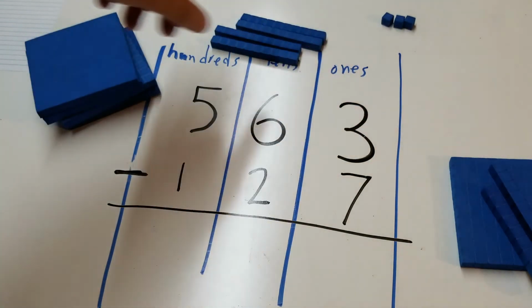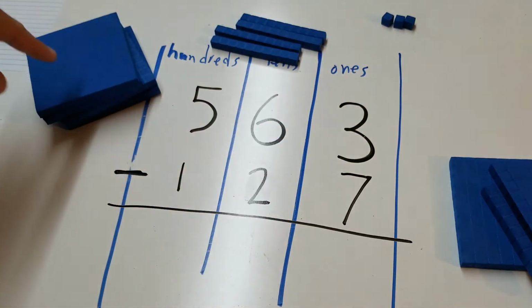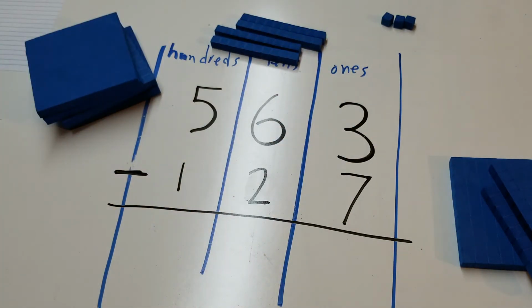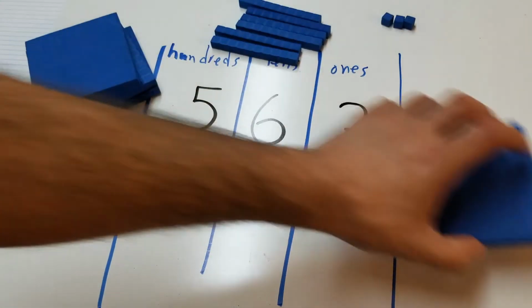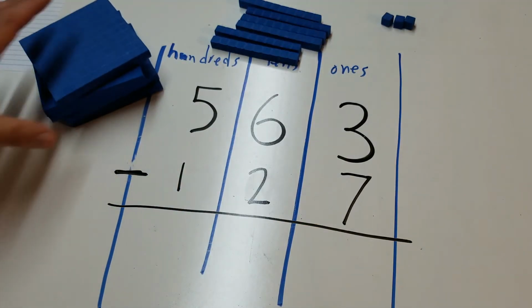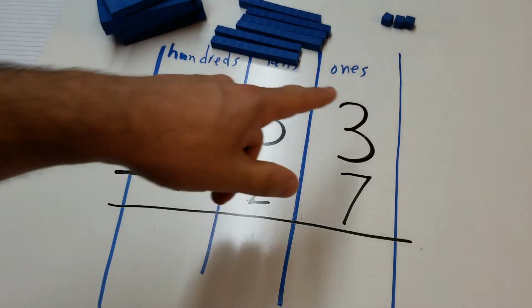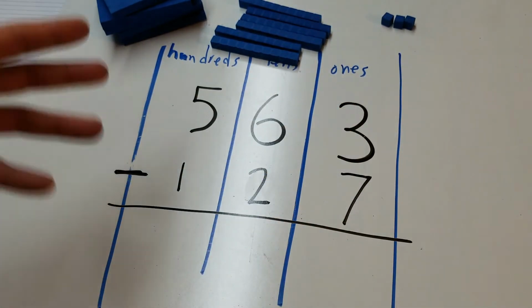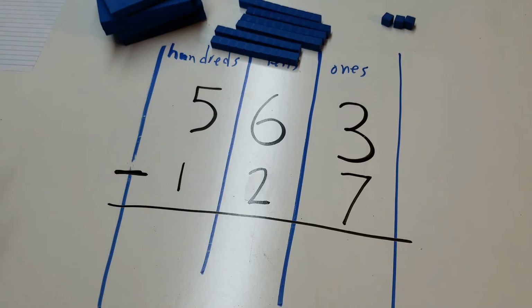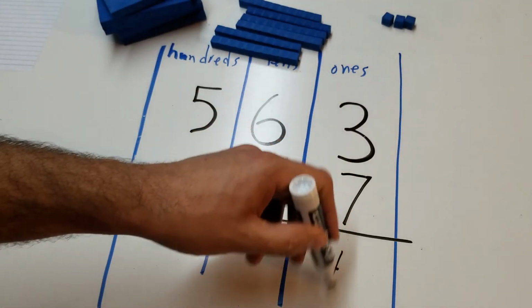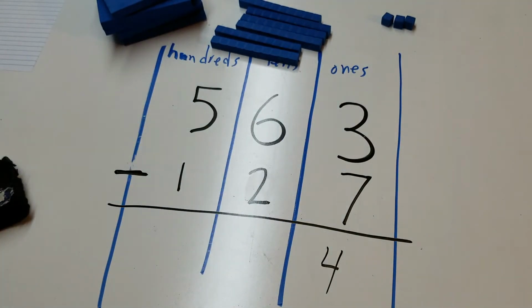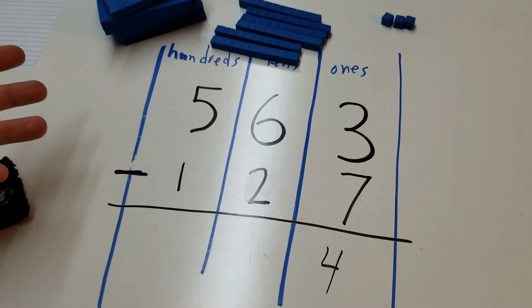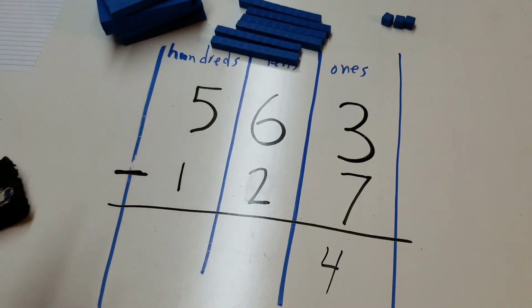Now this is the problem students run into when they are using base 10 blocks. When students don't use base 10 blocks, the problem they run into is this. They see 3 minus 7 and they say, well, 3 minus 7 is basically the same as 7 minus 3, so I'll just flippity-flop these and I'll put a 4 down here. Right? Because 7 minus 3 is 4, so 3 minus 7 is probably about the same, right?